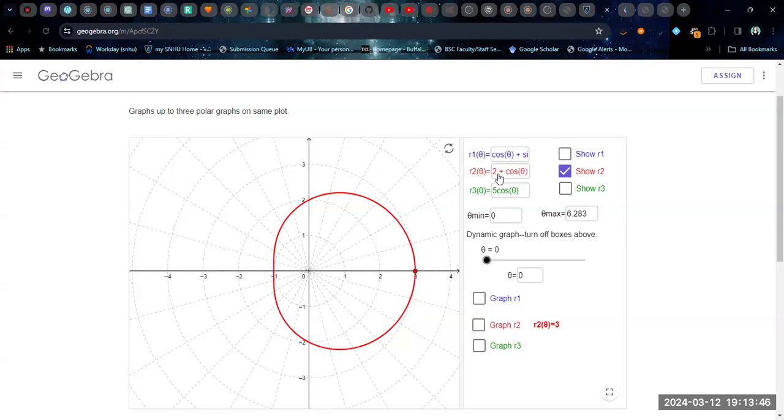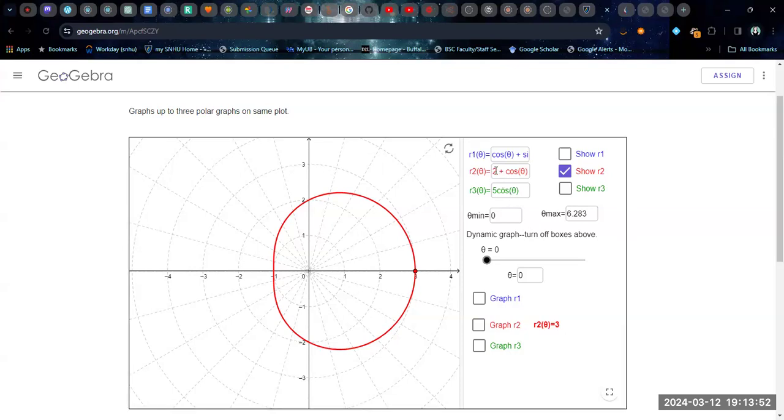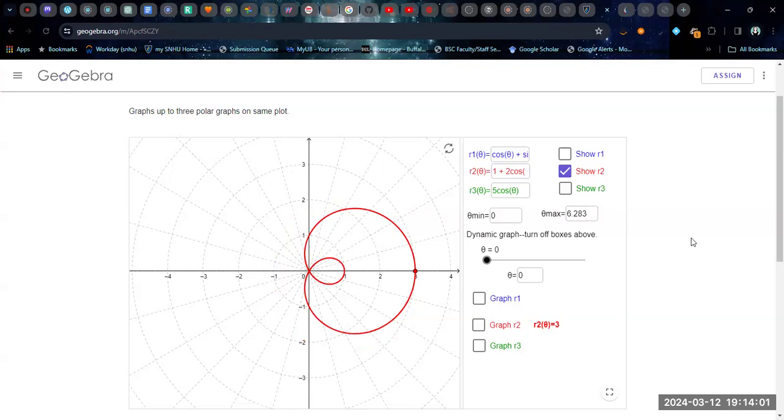Now, when the constant is larger, I get a limacon with no inner loop. When I make the coefficient of the cosine larger, then I get a limacon with an inner loop. And that's all the relationship is. Essentially the cardioid is a kind of limacon. It's just that it pinches off, and it's the transition between no loop and a loop.